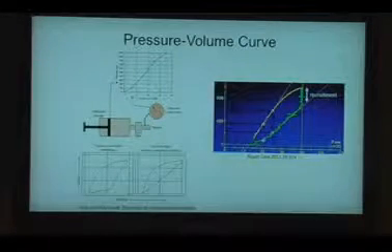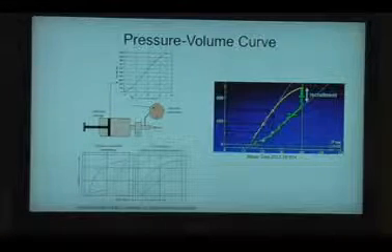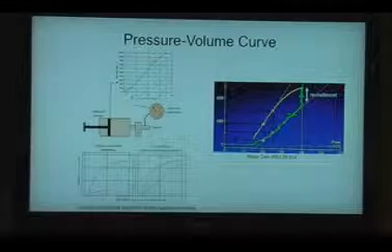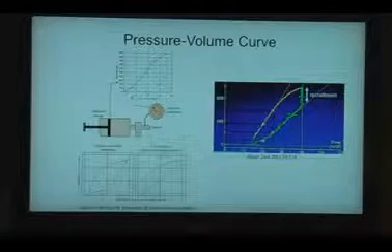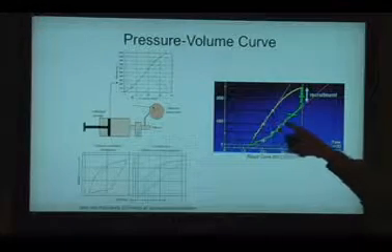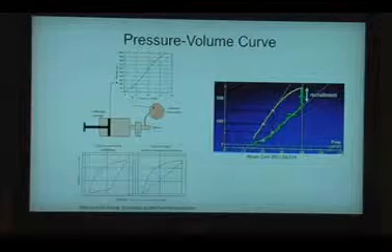Now that said, there is one ventilator on the market, and the only one I believe is the Hamilton, and I don't know if you know of any others, that does a true pressure volume curve. The Hamilton ventilator will do a very slow inflation of the lungs, at a flow of 5 liters per minute, I believe it is.